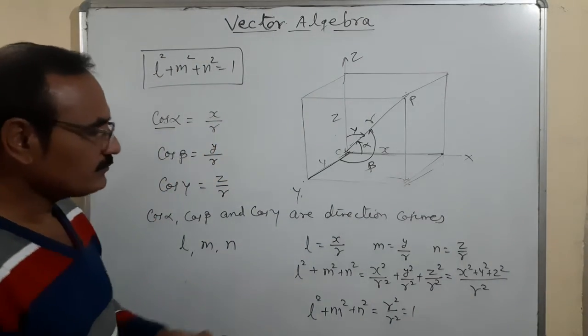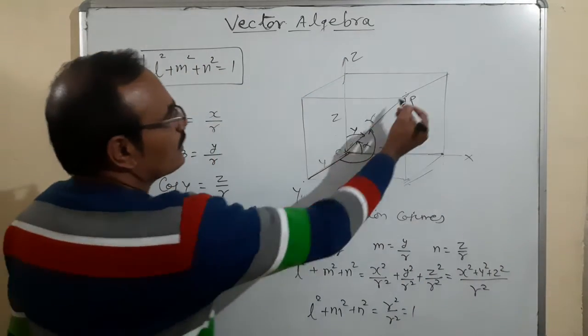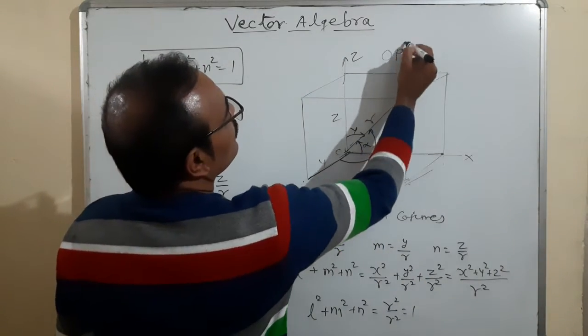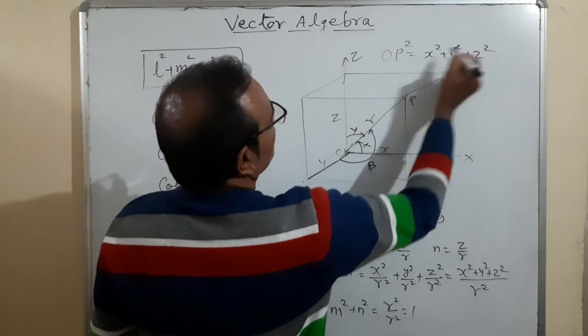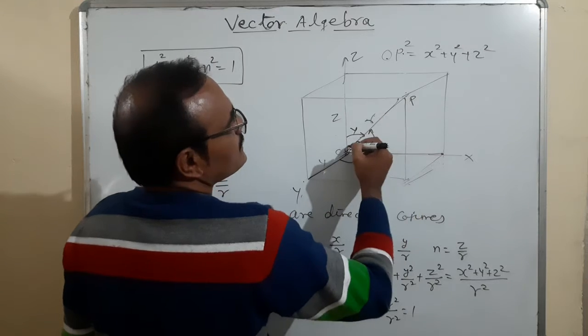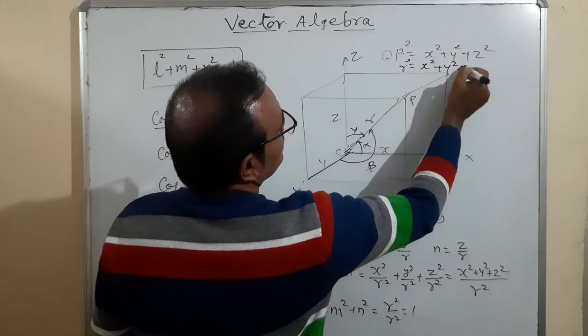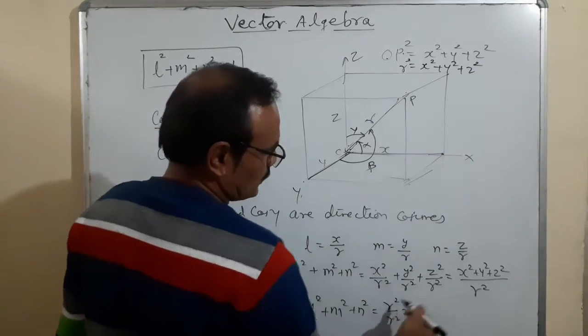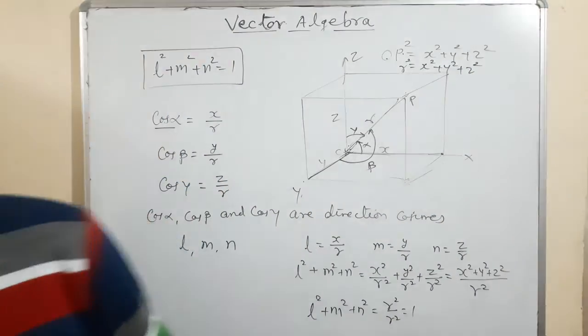Okay. This is clear, because we have already proved OP square is equal to x square plus y square plus z square, and OP is equal to r. So r square is equal to x square plus y square plus z square. So this value we can put here. Okay. So that is one.